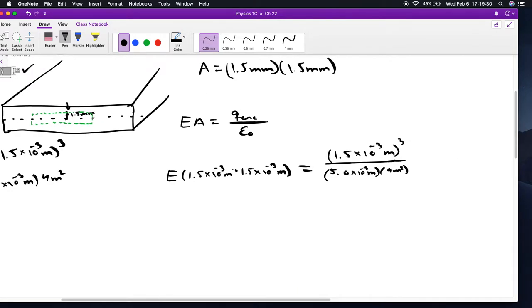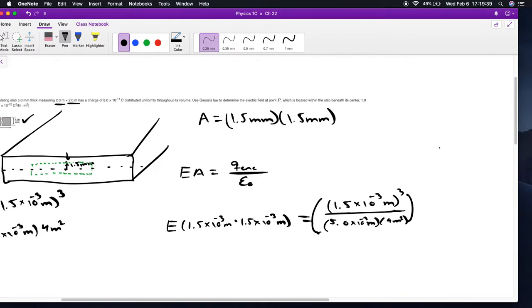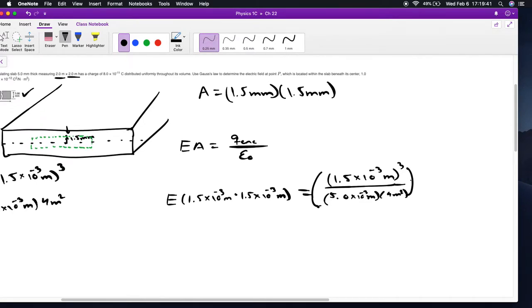And this entire ratio is going to be multiplied by our total charge, which is 8.0 times 10 to the negative 11 coulombs. So we get the charge just for our Gaussian surface. And this is all going to be divided by epsilon naught.